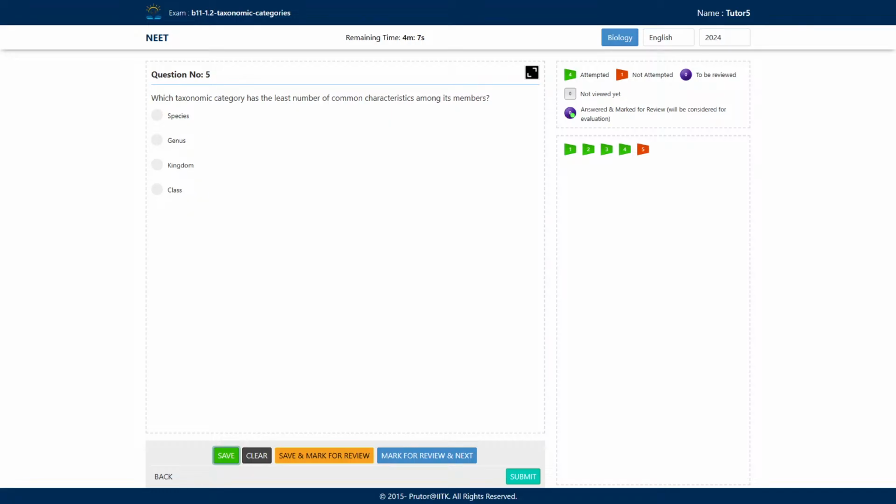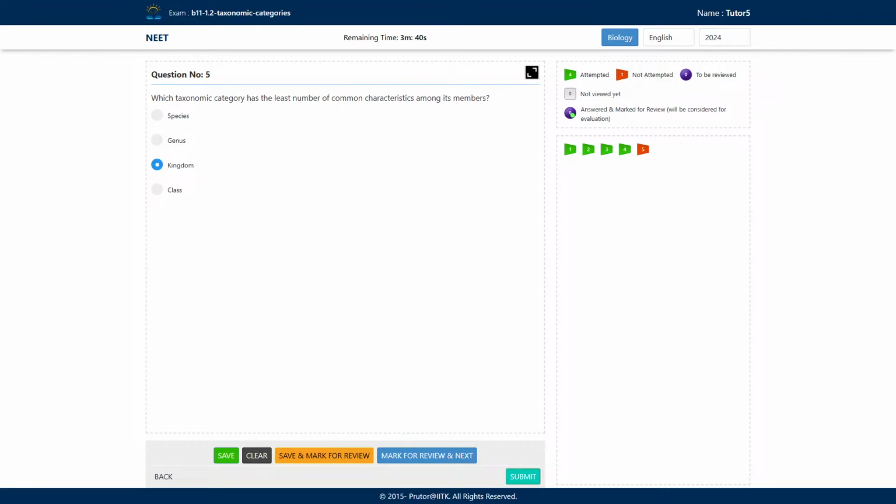Here the answer will be option C, because they are asking which category has the least number of common characteristics. So kingdom will be the answer. As you move upwards, from species to kingdom, the number of shared or similar characteristics decreases.